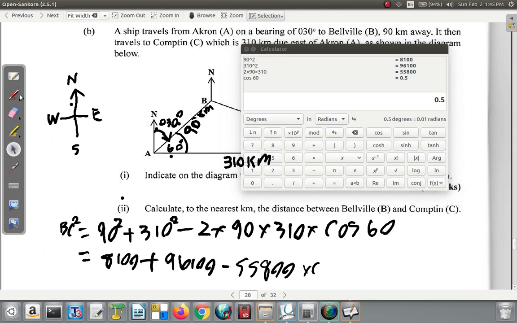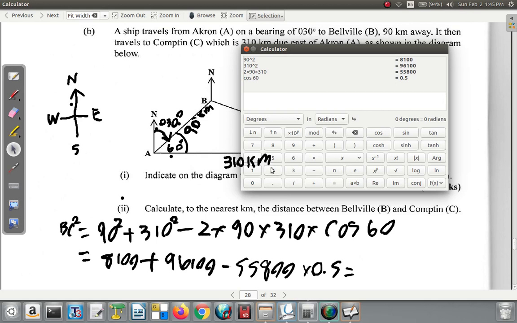Alright, so the cosine of 60 is equal to 0.5. Alright, so BC squared is equal to what? We don't really have a lot of space to do a lot of things, so you would have the space on your paper, but I don't have a lot of space on the screen.